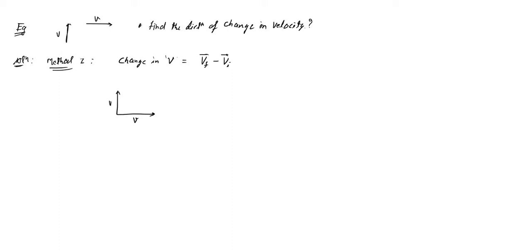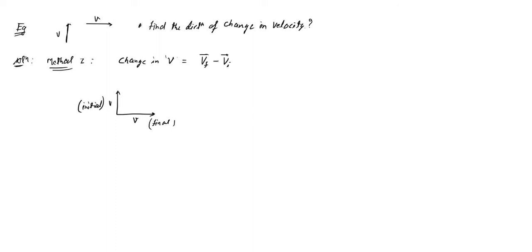So this was the initial velocity and this was the final velocity. Now we need to find out the direction of change in velocity. So change in velocity will be final velocity vector minus initial velocity vector.